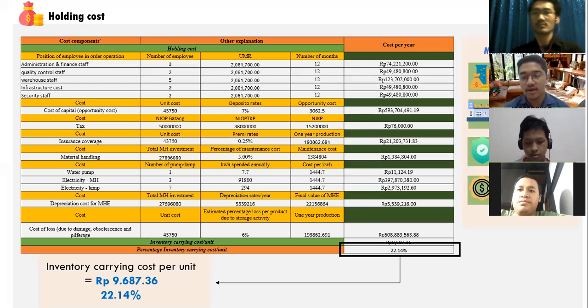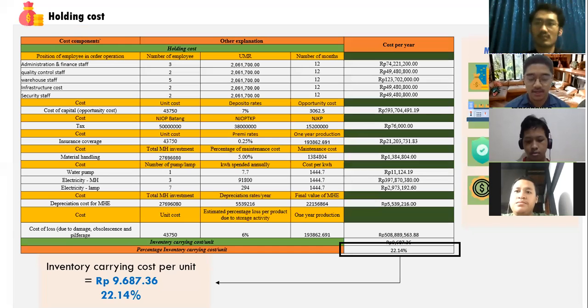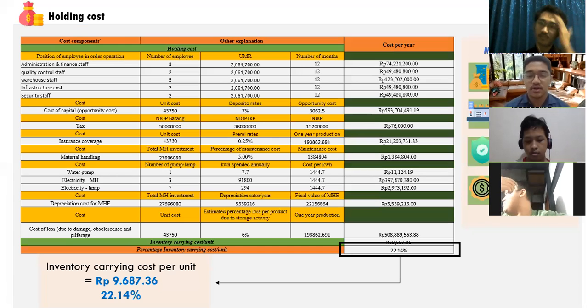The other one is the warehouse operating costs, which consist of employees and the electricity of the warehouse. The third is taxes and insurance. The insurance for the unit of the product itself has a premium rate of 0.25% from our sources.